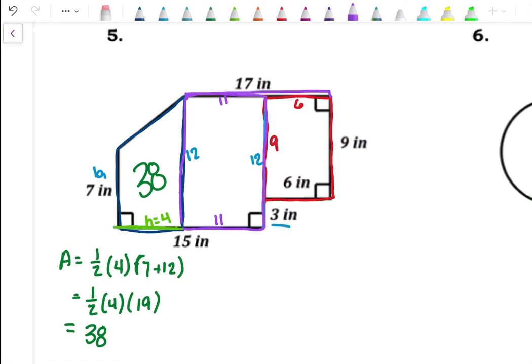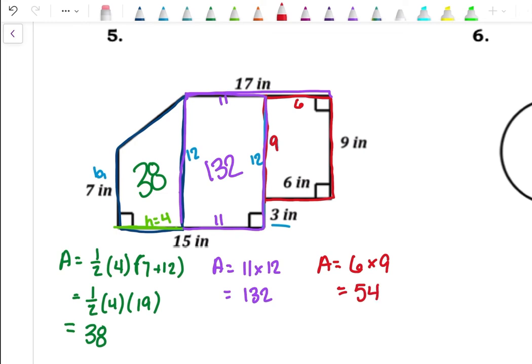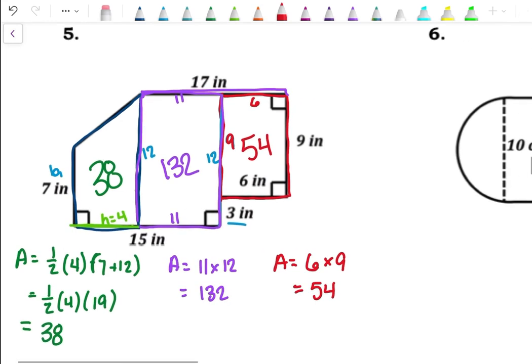Next, let's do that middle rectangle. Area of the middle rectangle is 11 times 12, which is 132, so this is 132. And then the area of the right-hand rectangle is going to be 6 times 9, which is 54, so this is 54. Now to find the total area, I need to do 38 plus 132 plus 54.